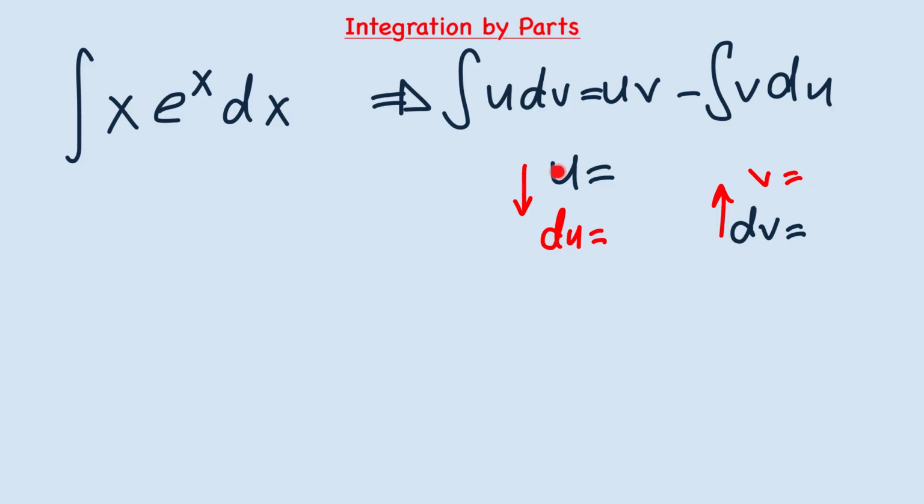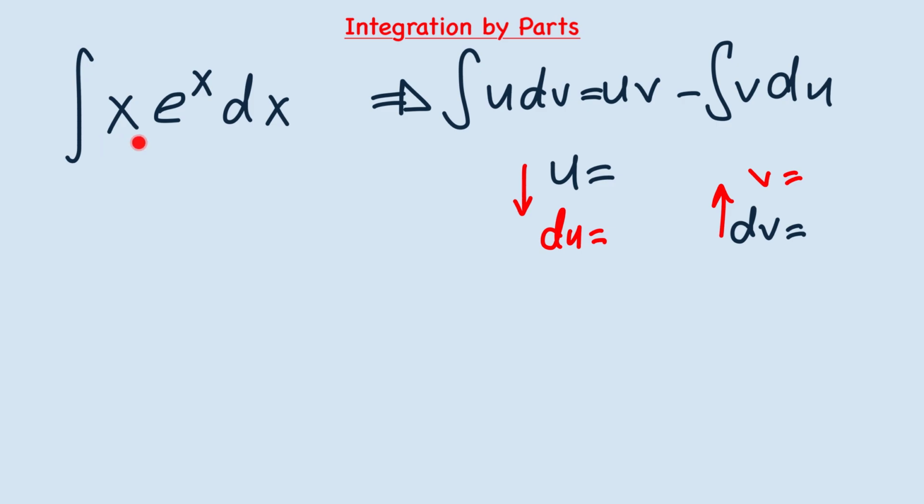Again, u and dv, we will get them from the question. du and v, we have to find them. So let us find the value of u. To make it easy for you guys, you need to choose the factor that gets easy when you differentiate it, right? And the other one will be your dv.